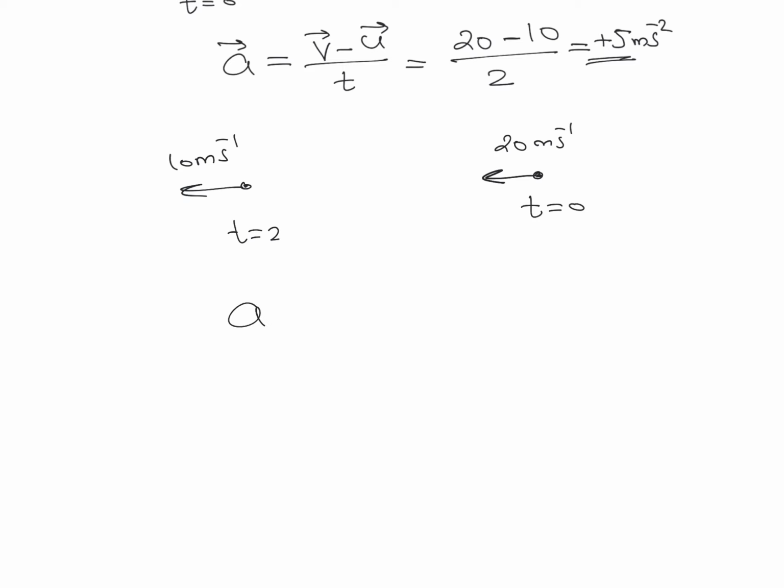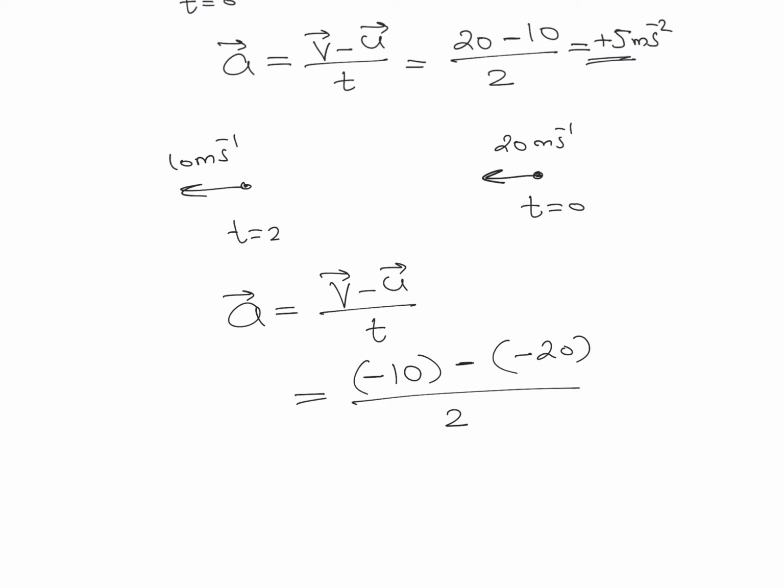In this situation, if we calculate the acceleration using the same equation, v vector minus u vector divided by t, you can observe that the final velocity is minus 10 because it is moving towards left, and we already assumed that towards left is negative, minus the initial velocity, which is minus 20, divided by the time taken, 2 seconds.